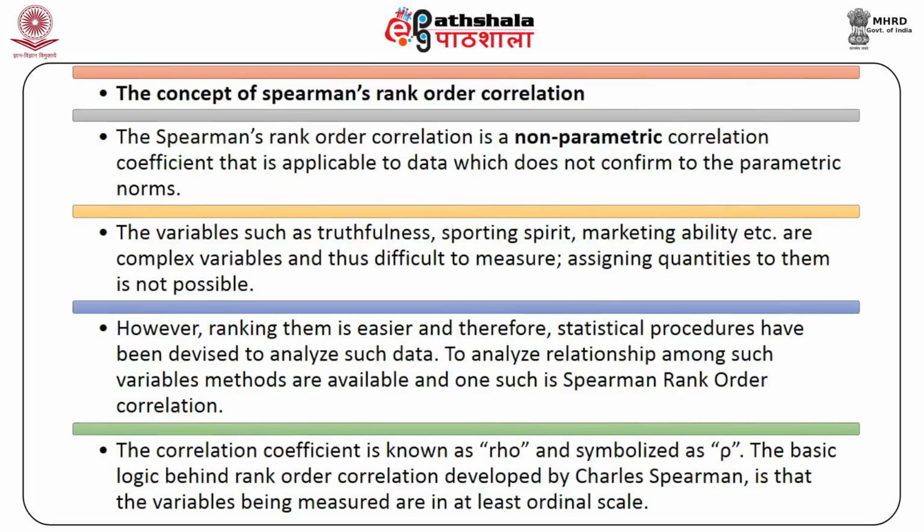However, ranking them is easier and therefore statistical procedures have been devised to analyze such data. To analyze relationship among such variables, methods are available and one such method is Spearman's rank order correlation. The correlation coefficient is known as rho and is symbolized as rho.